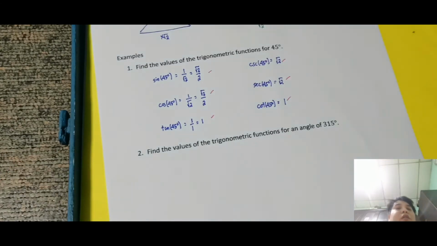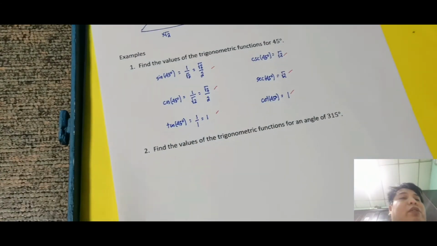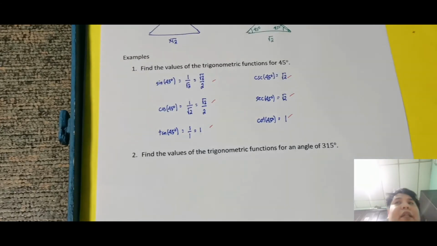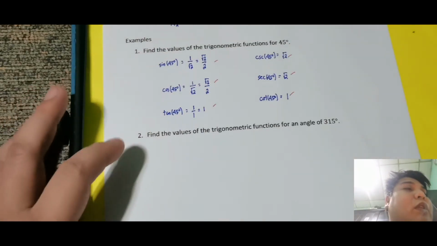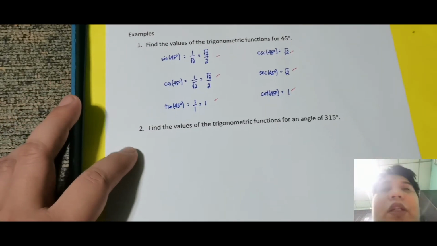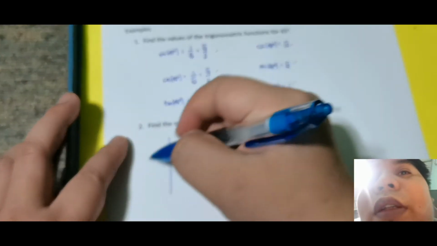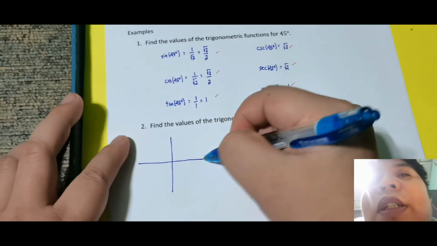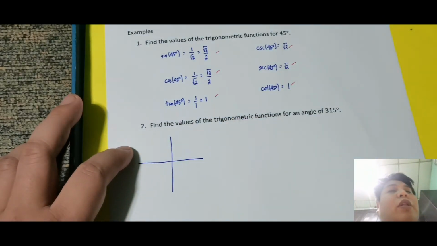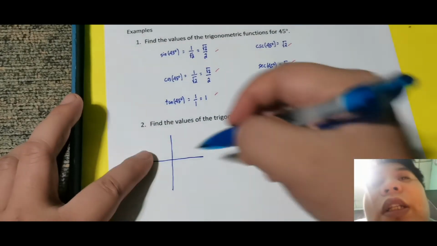Okay, next is find the values of the trigonometric functions for an angle of 315 degrees. So nasan si 315 degrees? Check natin kung nasan siya. So I think it is almost a complete revolution din kasi, so assuming ito yung drawing, lakihan ko para mas kapakinabang. So assuming si 315 degrees, dito siya.